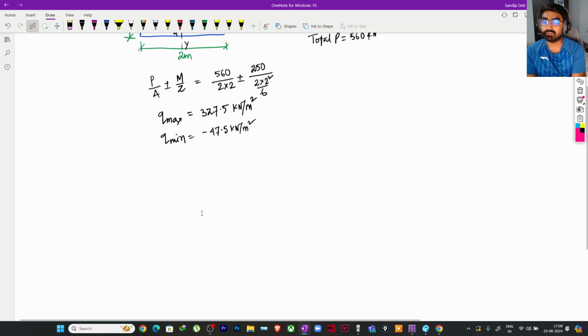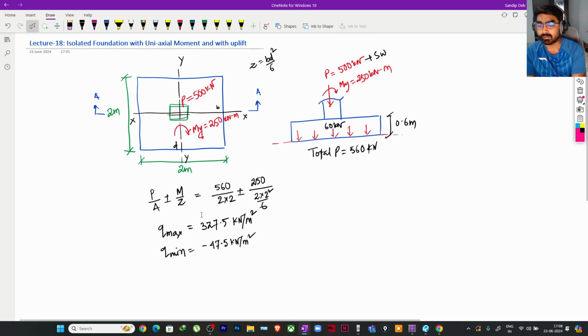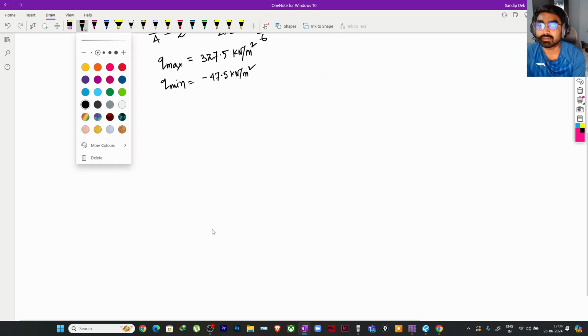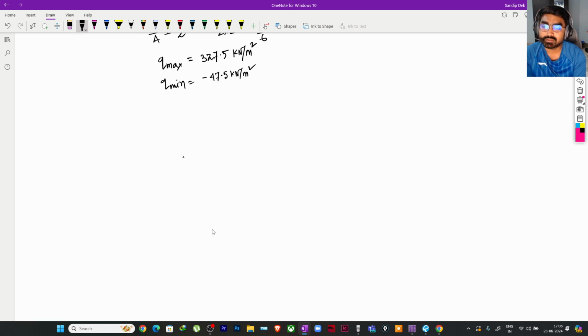So here we have done the linear analysis, right? Now if you see the pressure diagram, suppose this is my foundation of 2 meter width, correct? This is the center line of the column, and if you see the pressure distribution, this is my minus 47.5 kilonewton per meter square, and here I will be getting around 327.5 kilonewton per meter square.